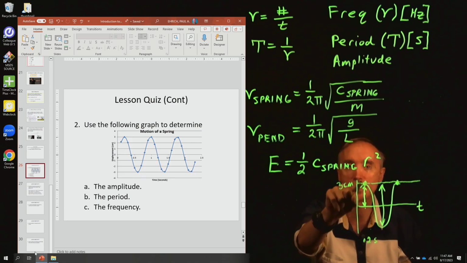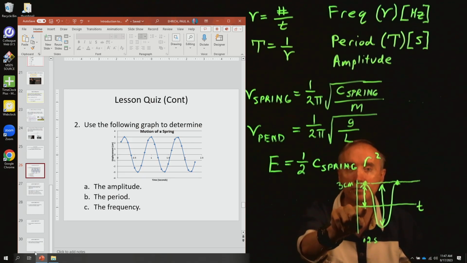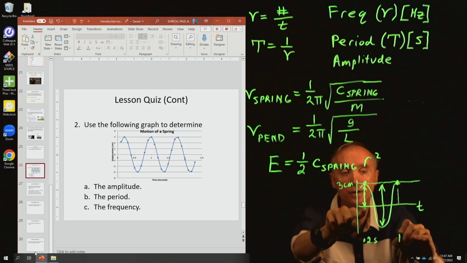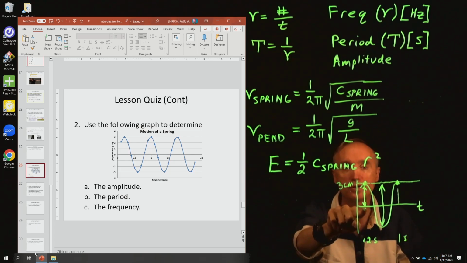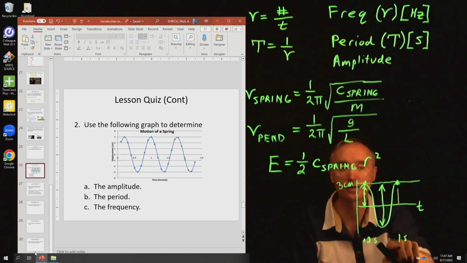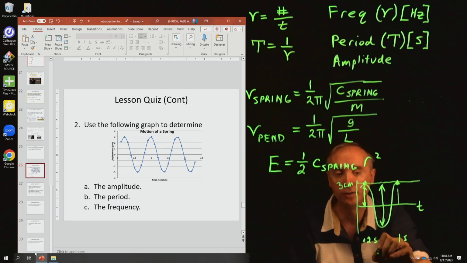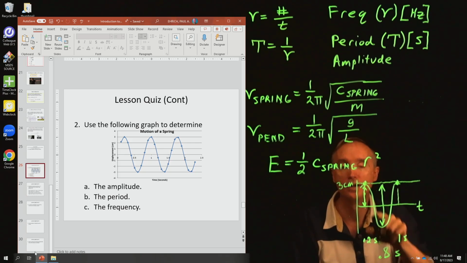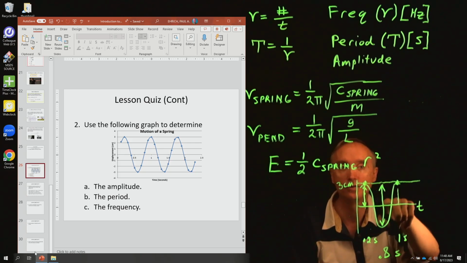And then if you go over to here, it corresponds to 1 second. So if you subtract the two numbers, 1 minus 0.2, you get 0.8 seconds. So that would be the period. That's the amount of time it takes for this wave to repeat itself.